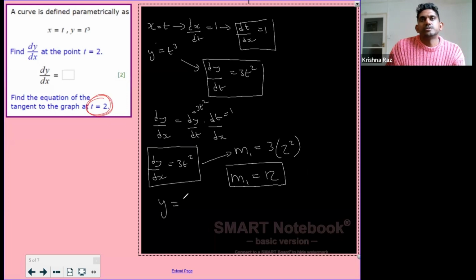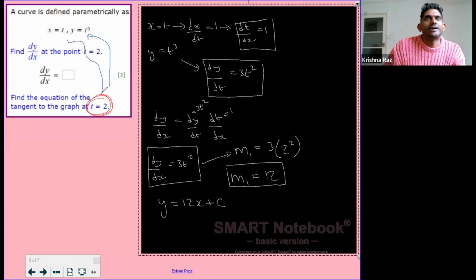So y equals 12x plus c. Oh, I don't have a coordinate. What do I do? Oh yeah, I'm given t equals 2. So we just sub that in here to figure out the value of x. So we can see x equals t.